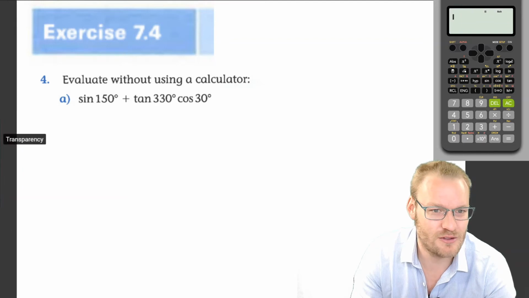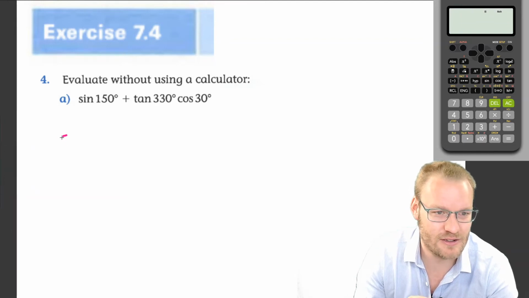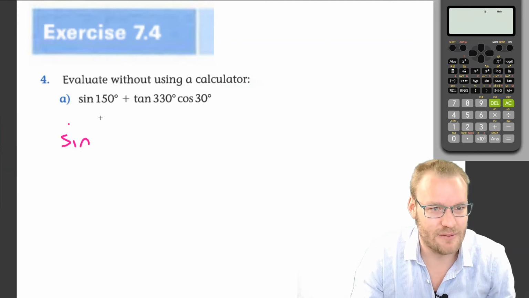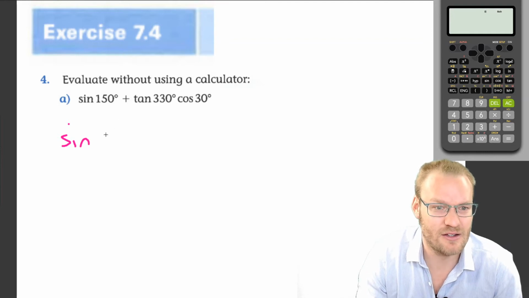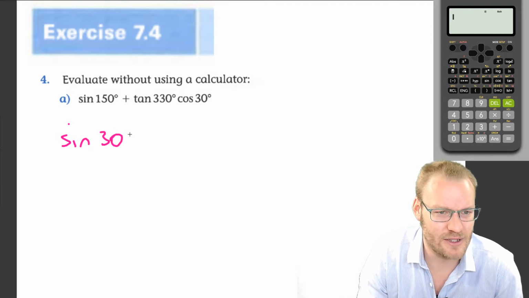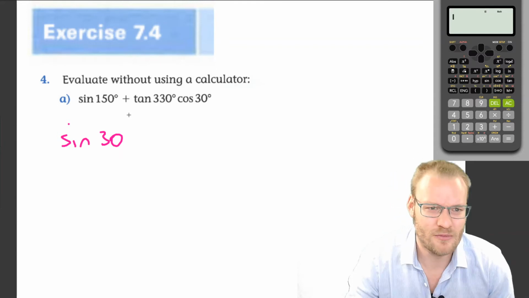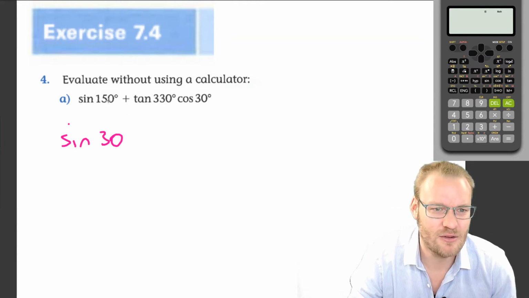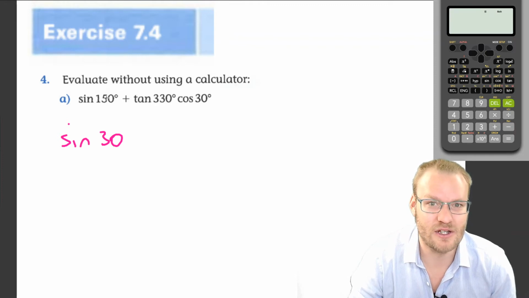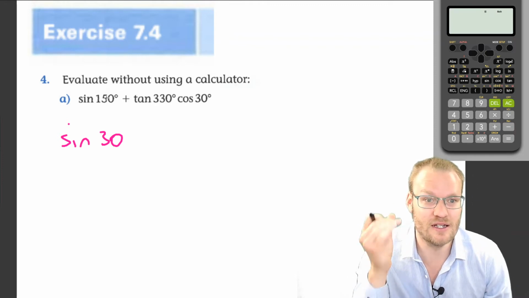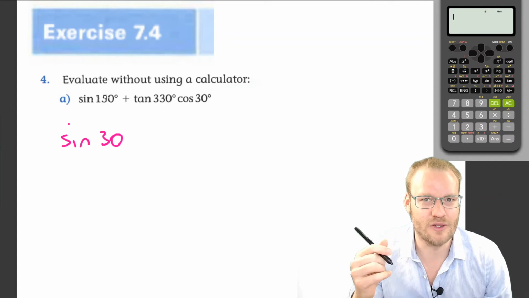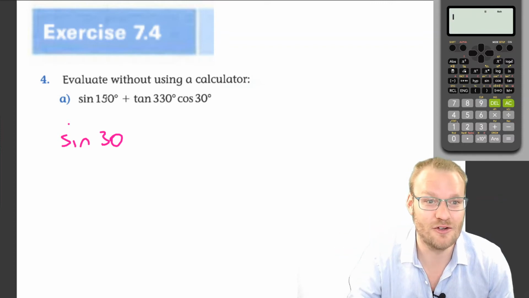So in other words, sine 150 is the same as 180 minus 30. So that's the same as 30, but is it positive or negative? That's our big question, because you basically need to get this 150 to the x-axis. So either get it to 0, get it to 180, or the third option, get it to 360.